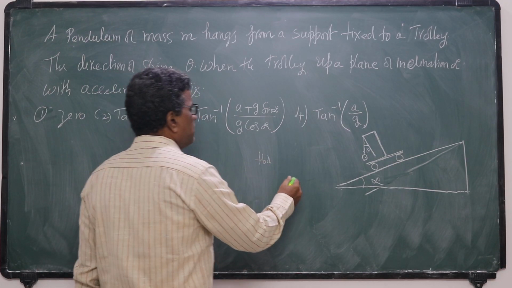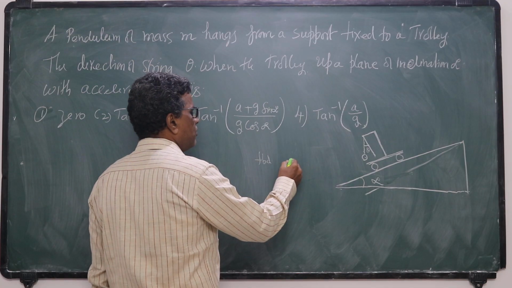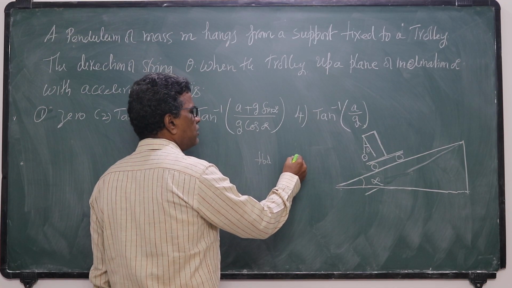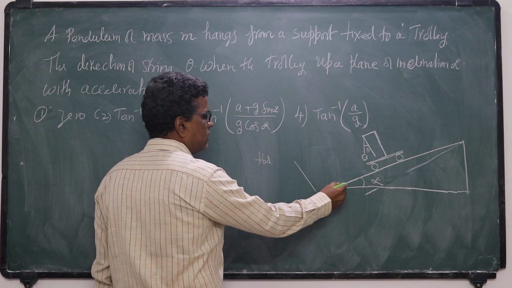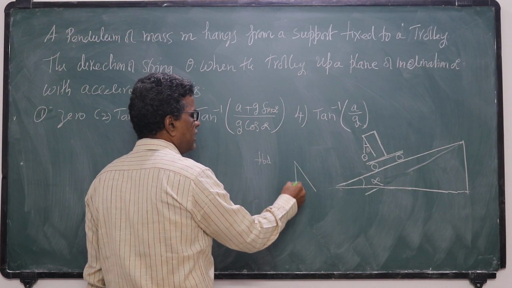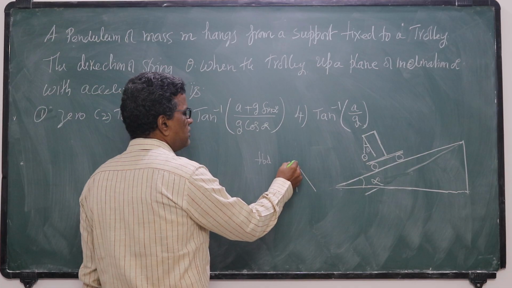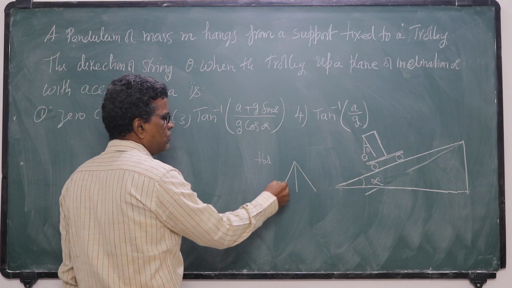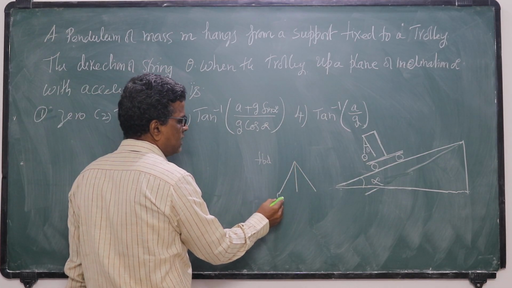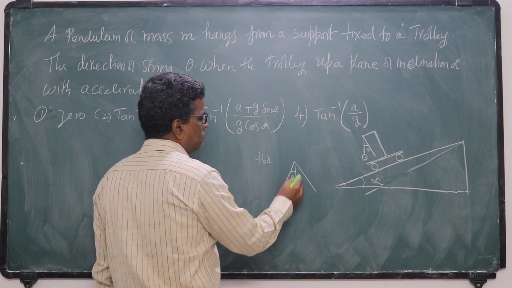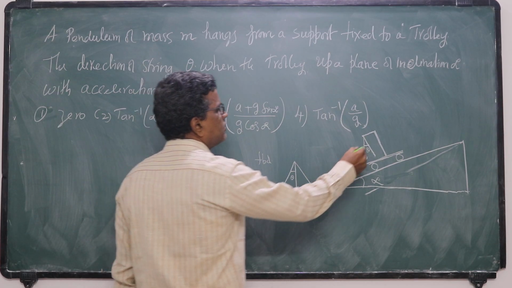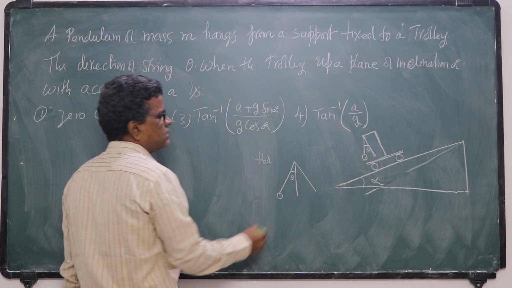So the tension in the string will be there. I will take the vertical normal to this inclined plane, and this one I take as the bob, which makes an angle theta with the vertical. I will draw this diagram once again.